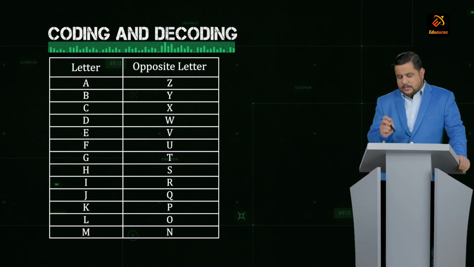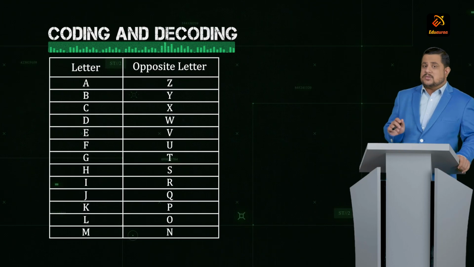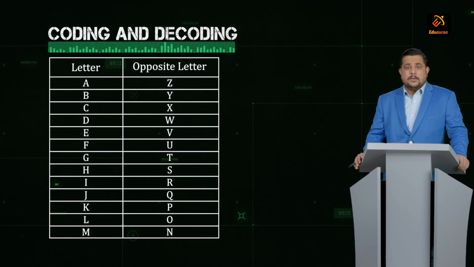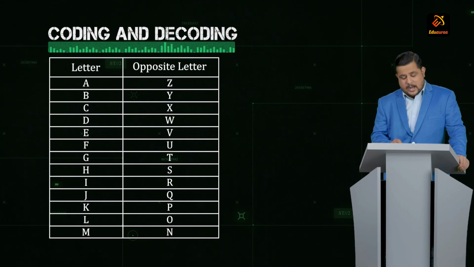So we are just creating some words to connect these two letters which are opposite to each other. C and X, you can use cracks, C-R-A-X. So it is easy to remember. Now, D and W, you can use dew, like Mountain Dew. So you can remember that word, D-E-W.